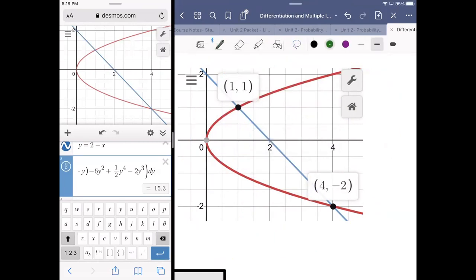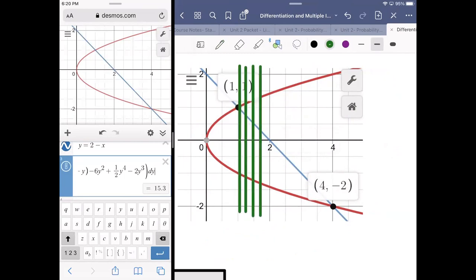If I were to say that it was going from, in terms of x, 1 to 4, I would be saying that it's going like this. So everything from, oh, geez, I can't draw. As you know, everything from 1 to 4 in terms of x. So all of this stuff.